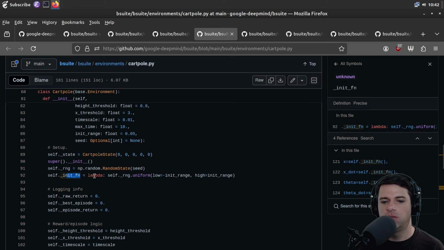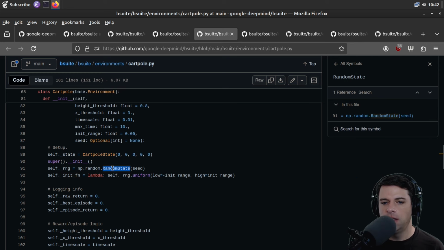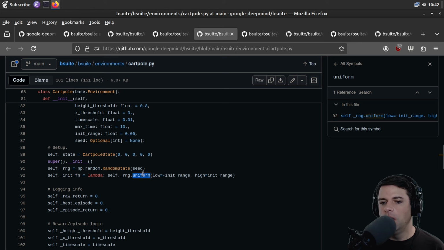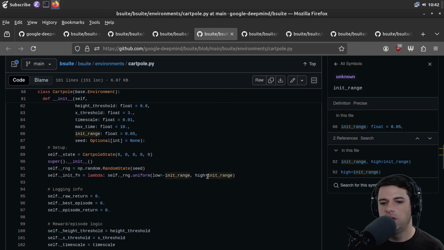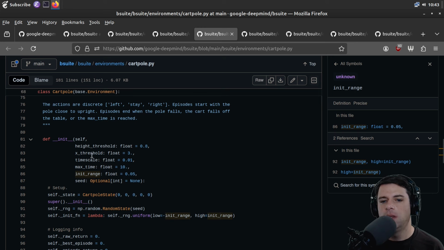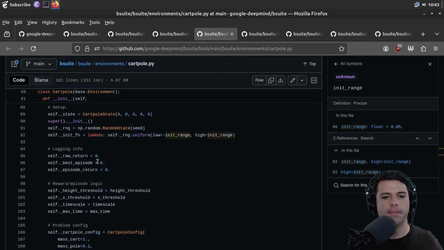And then we have this init function, which is a lambda that's going to, I guess, using the RNG, the random state, do uniform sampling from negative 0.01 to positive 0.01 of what? I don't know. I was assuming that was mainly the range of theta, but maybe it's the range of everything.